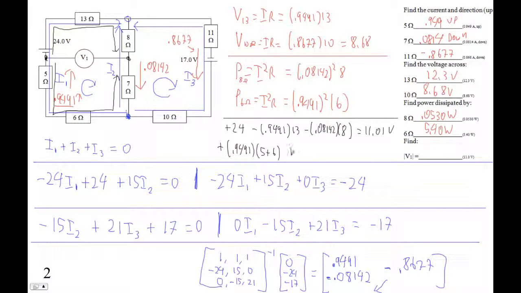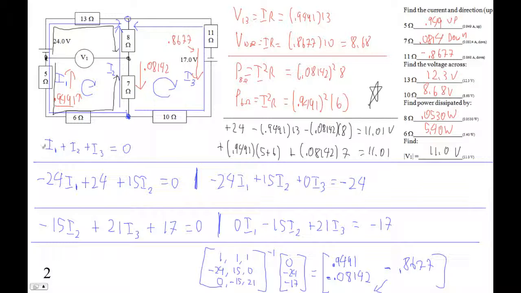So plus 0.08142 times 7, and then I'm there. So 0.9491 times 11, plus 0.08142 times 7. And I get 11.01. Alrighty. 11.0 volts is it.